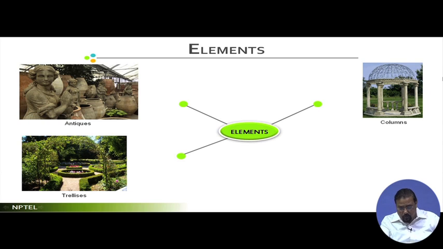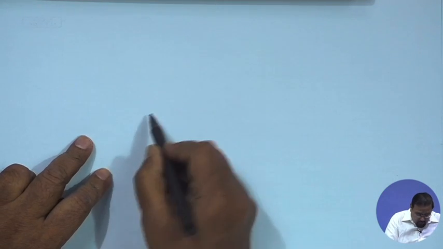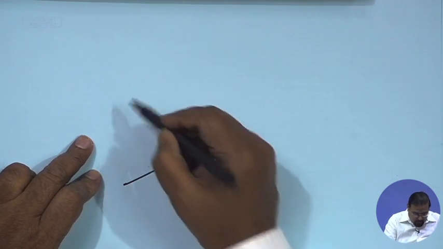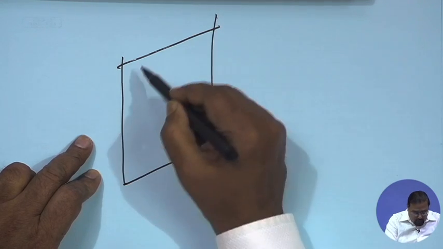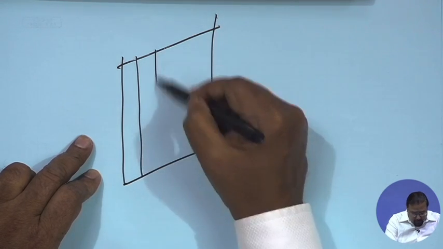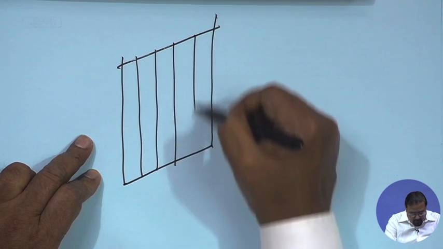If I just try to give you a sketchy figure, it is something like this. Just look at this paper, I am just drawing what a trellis is theoretically, a frame. Let me draw it very simply first and then explain.